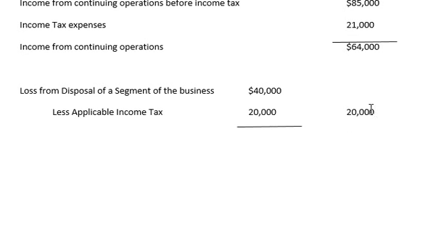That means we need to subtract: 64,000 minus 20,000.